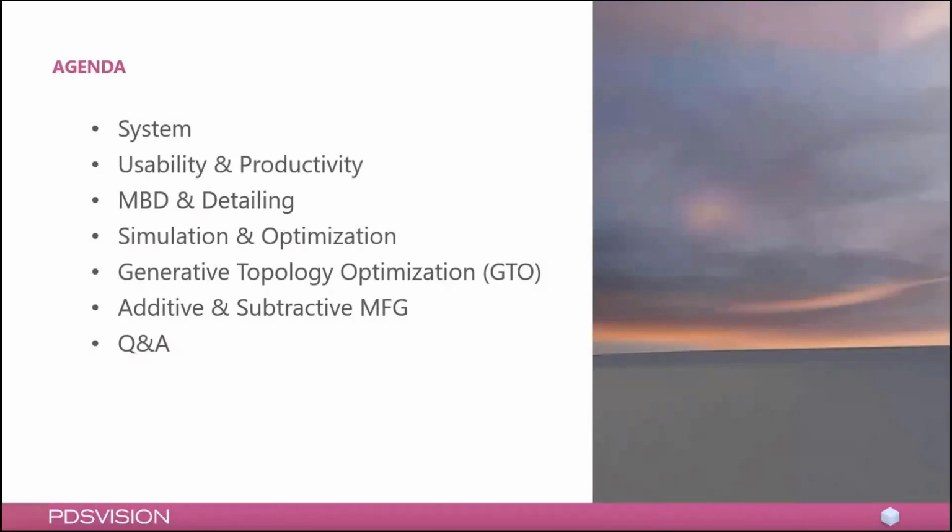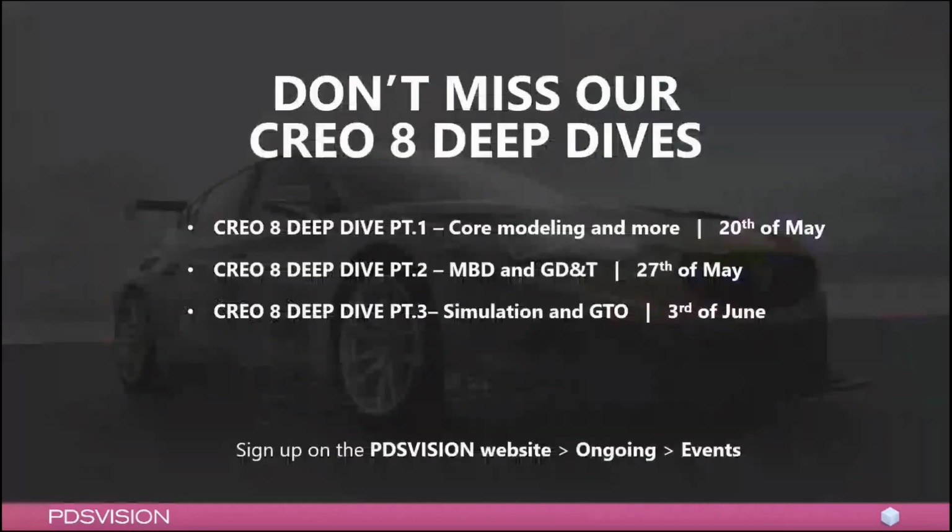Then we have a simulation optimization talk track with generative topology optimization as well, and then something with additive and subtractive manufacturing. At the end of the whole webinar, we have a questions and answers session. So don't hesitate to ask more if you want to know more details.